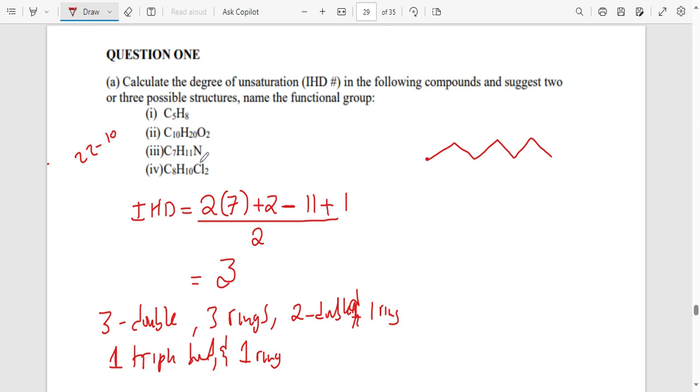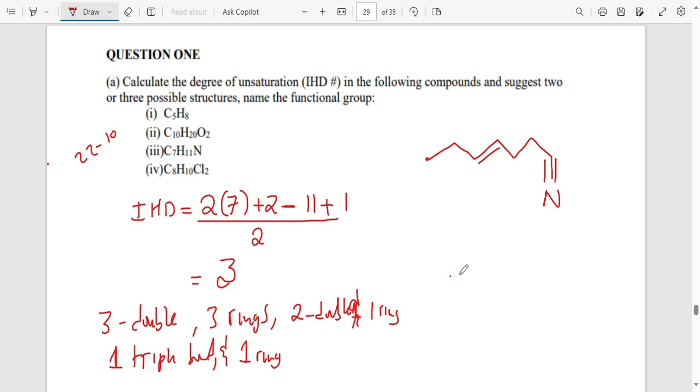But remember, it has got a nitrogen. What functional groups can nitrogen make? One functional group a nitrogen can make is a nitrile. A triple bond with carbon, that's a nitrile. And if I use a triple bond, it means I've covered 2 IHDs, and I'm remaining with 1 IHD, which can be a double bond.